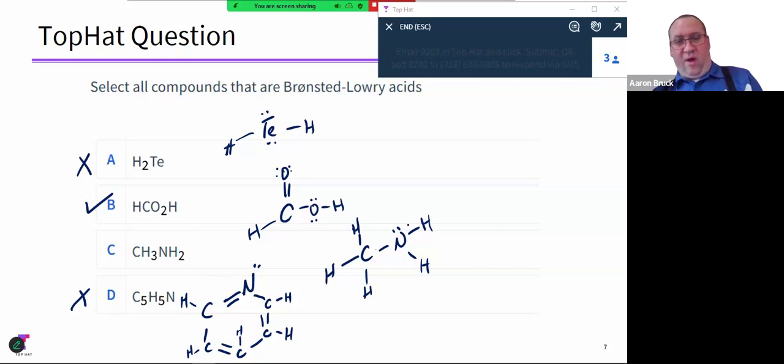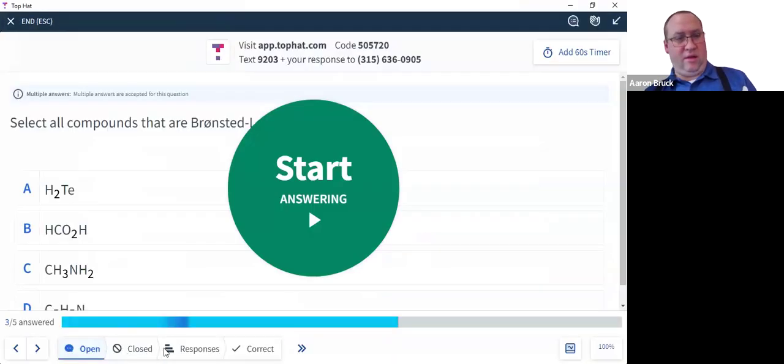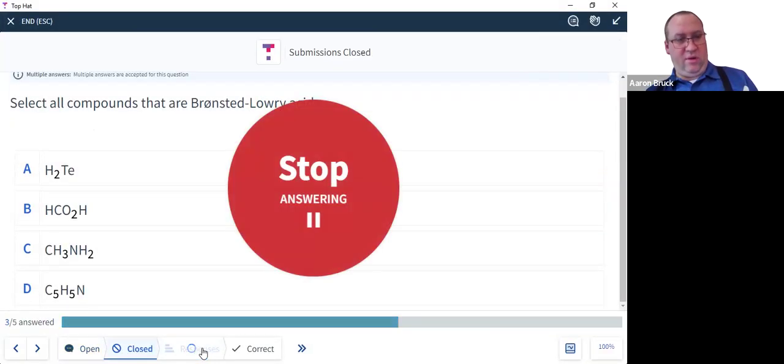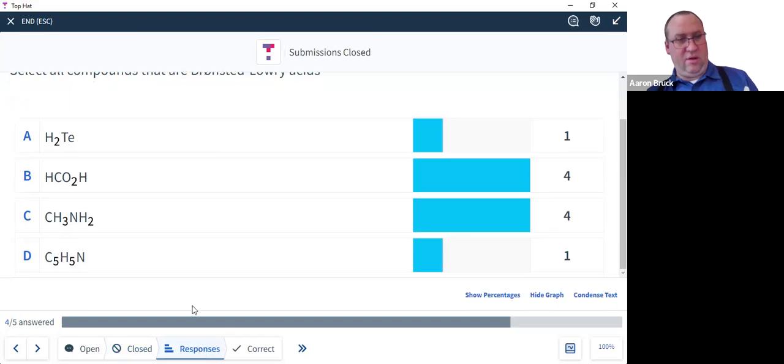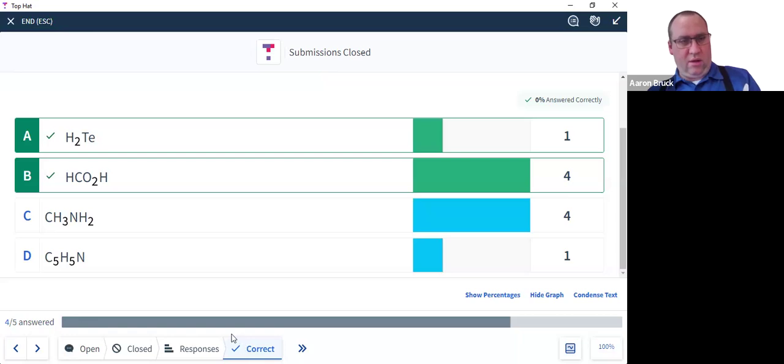And while there is definitely electronegativity here, where the nitrogen is going to pull electrons away from the hydrogen, this one is kind of the biggest question mark. So, interesting.